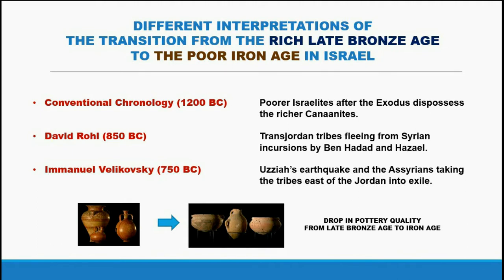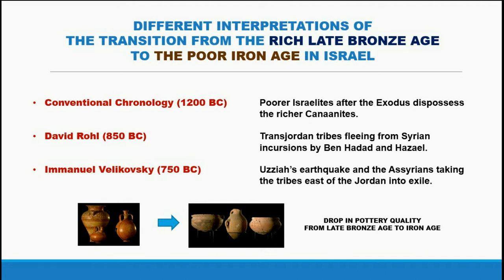And David Roll places the end of the Late Bronze Age around 850 BC, and he interprets this evidence as the time of the Syrian incursions by Ben-Hadad and Hazael into the Israelite tribal lands on the eastern side of the Jordan, where many refugees would have fled west into Israel's hill country.